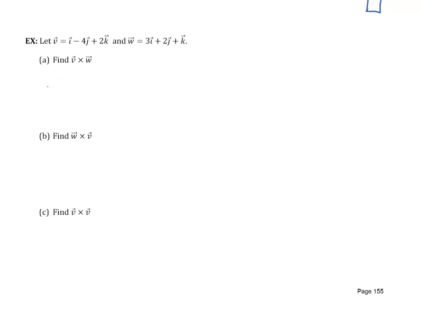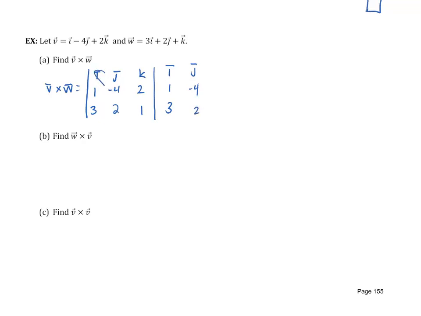So the cross product using the new formula would be the determinant of i, j, k, and then take the components of v, the first vector, and put it on the second row: 1, negative 4, and 2. And then the second vector, put that on the third row: 3, 2, 1. So I'll rewrite i, 1, 3, and j, negative 4, 2.